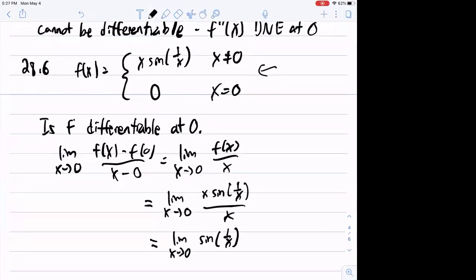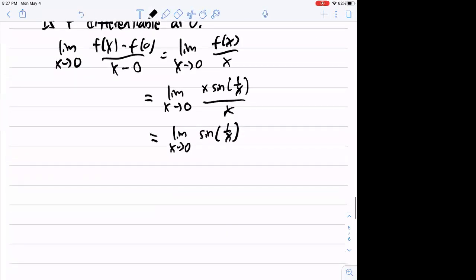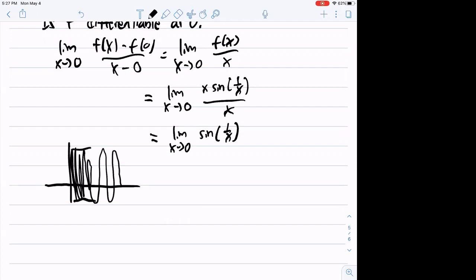Because, remember, I don't know if you've seen the picture, but it looks really wide, and then it gets thinner and thinner, though it should be the same height. There are infinitely many oscillations going to 0. So you could pick a subsequence that's all negative ones and a subsequence that's all ones.